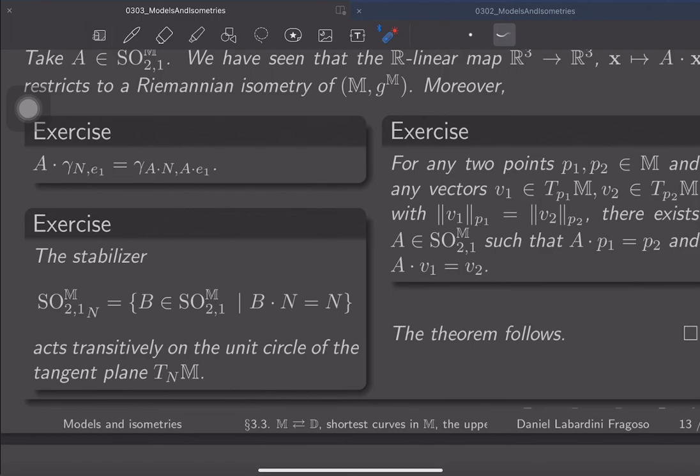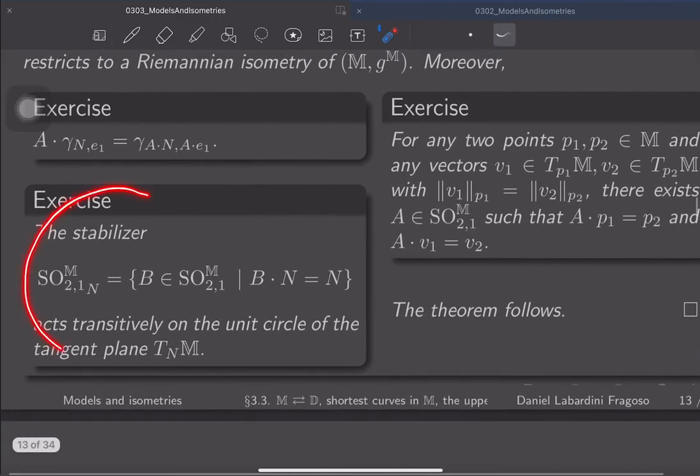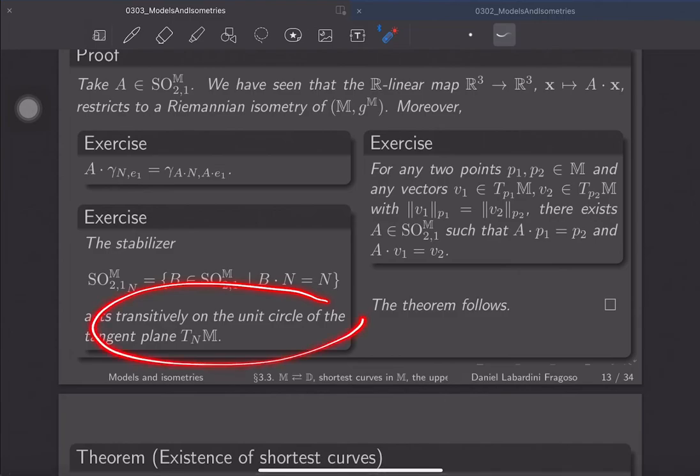Second, the stabilizer at the north pole acts transitively on the unit circle, and actually I would say this stabilizer is isomorphic to the unit circle.